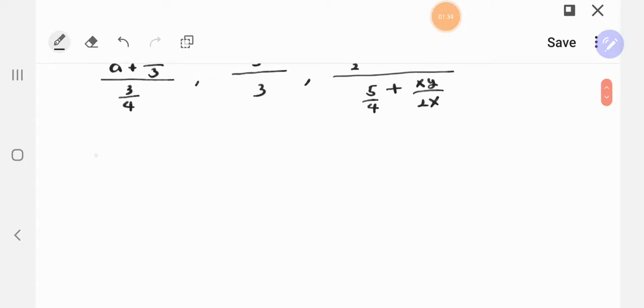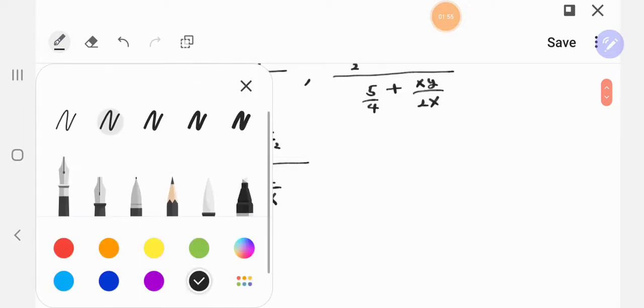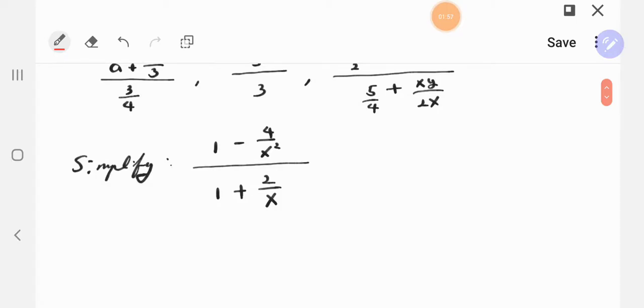Let's simplify this complex fraction. The numerator is 1 minus 4 over x squared, and the denominator is 1 plus 2 over x. As you see, the numerator contains a fraction, and the denominator also contains a fraction.